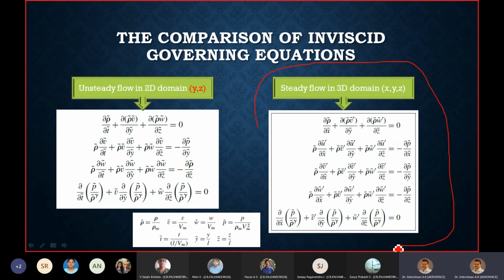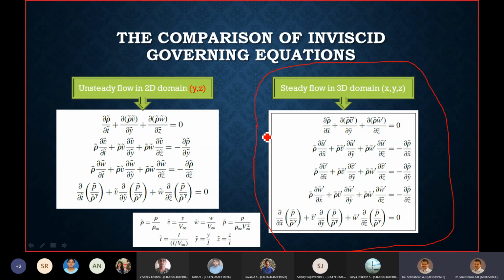On the right hand side of the screen, this is what we have discussed so far: steady flow, 3D, in an XYZ system, the hypersonic small perturbation equations. These are the ones that we have painfully looked at several times in the previous sessions.